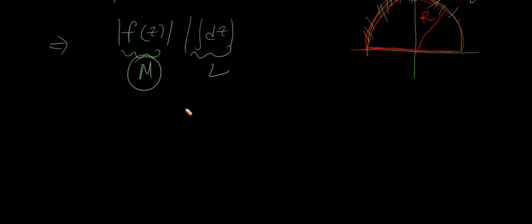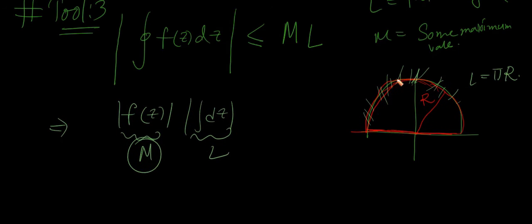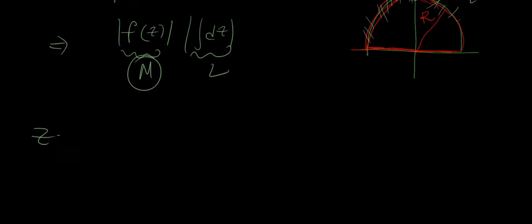This z is parameterized on the semicircle, so z can be written as r e to the power i theta, for any complex number. So the modulus of z is simply r, which is the thing we expect, because modulus is just a distance.